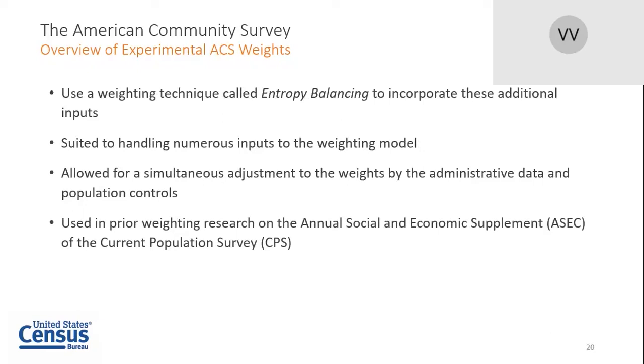Another benefit is that it allows for simultaneous adjustment of the weight to both administrative data and population controls at the same time, rather than having to do that sequentially. And as discussed previously by Donna, it's been used at the Census Bureau in prior weighting research on the annual social and economic supplement of the current population survey. That put us in the position to be able to extend it to working on the ACS this year.